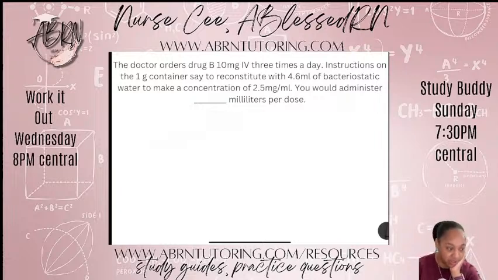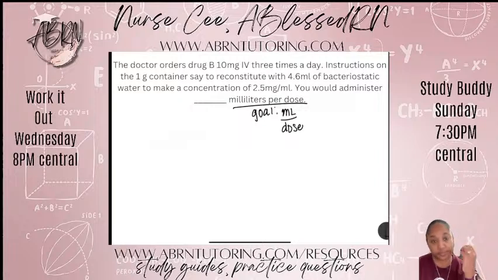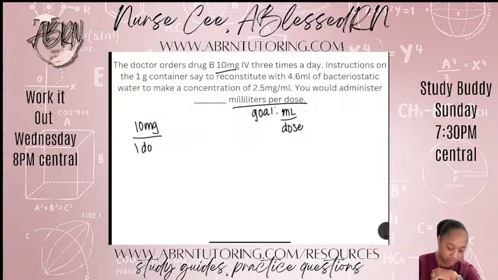All right. So first things first, what's the goal? Milliliters per dose. Okay. So now, what is the order? The ordered amount is 10 milligrams. So 10 milligrams is 1 dose, okay?